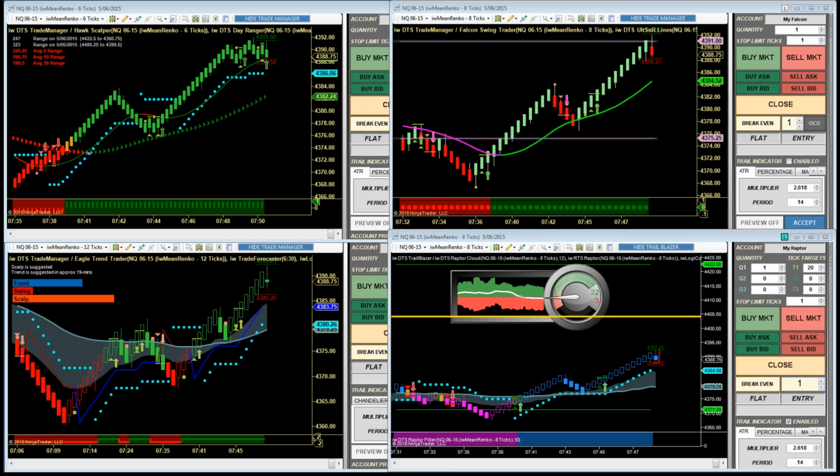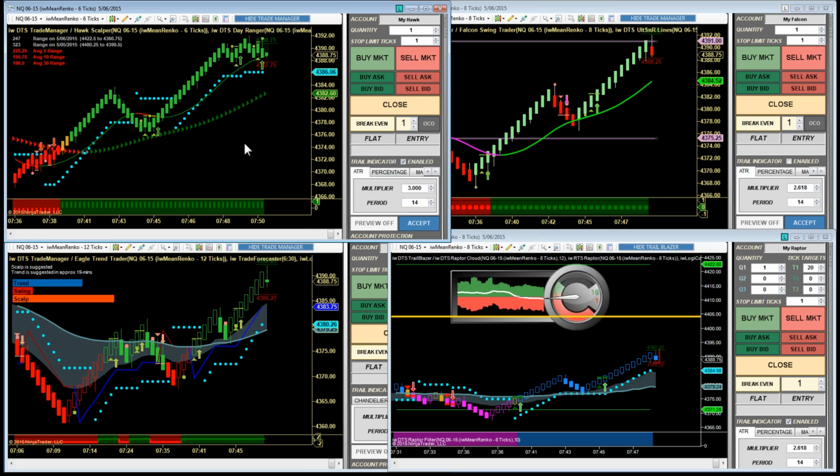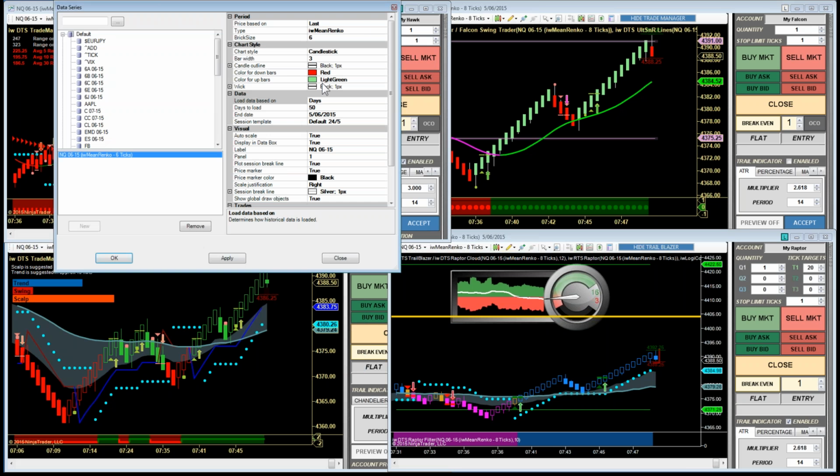Tom is asking, can you use the Equivolume and Minrenko on the same bars, making them fatter or thinner? I haven't tried it. I don't think that's an option available to me. Let me see here. Yeah, I can't.